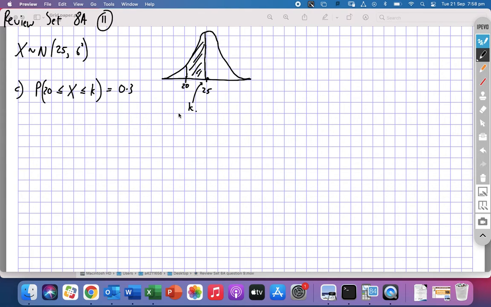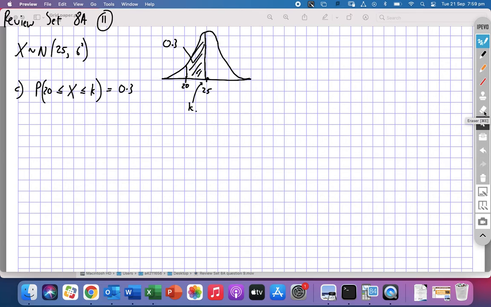Maybe my picture's not great, because I'm not quite sure what side of the 25 that'll be, but I know the answer should be somewhere around 25, and it's doing that prediction so that if I got an answer of 10 or something like that, I know it's gone wrong.